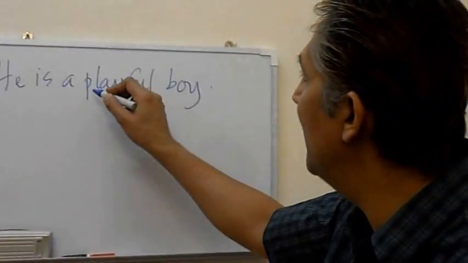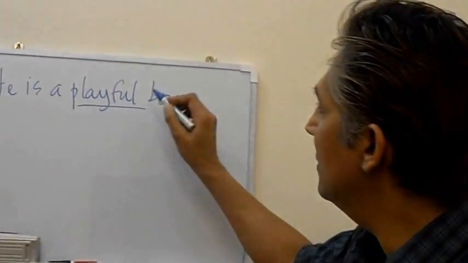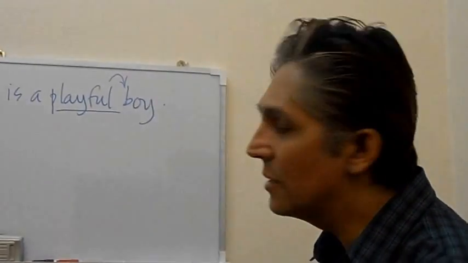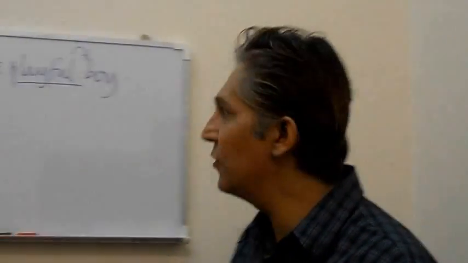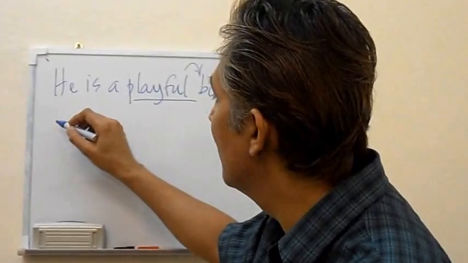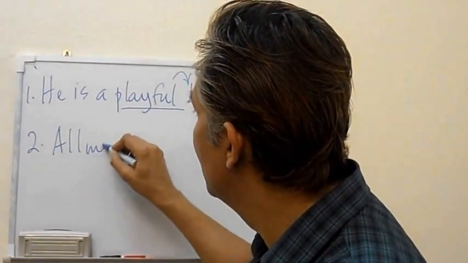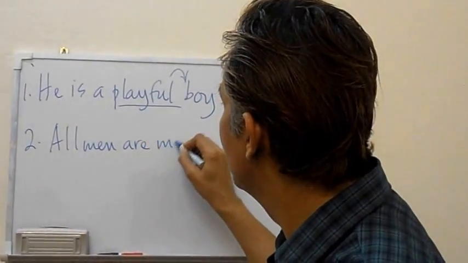There's an adjective in this sentence, and the adjective is playful. Now, this adjective comes before the noun and it's used attributively. It's an attributive adjective.